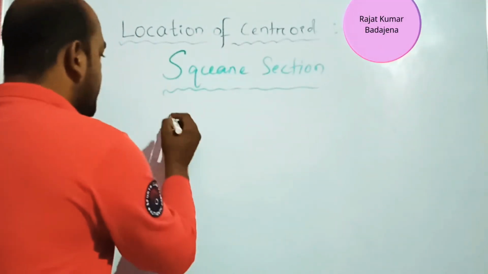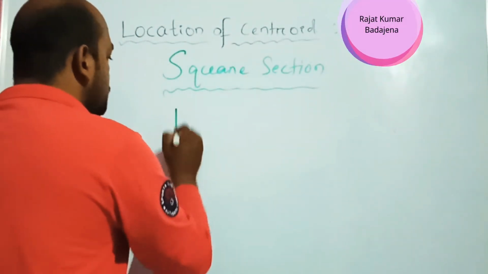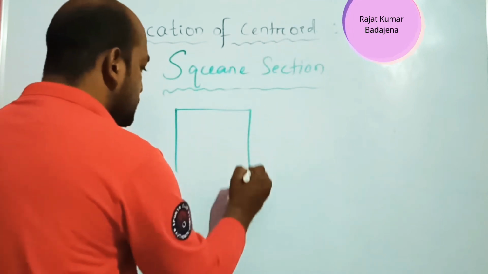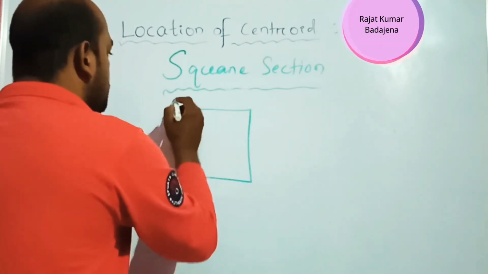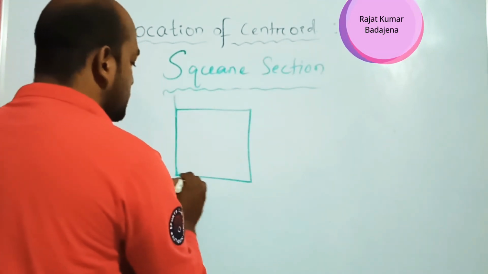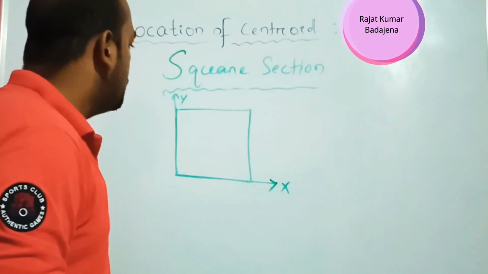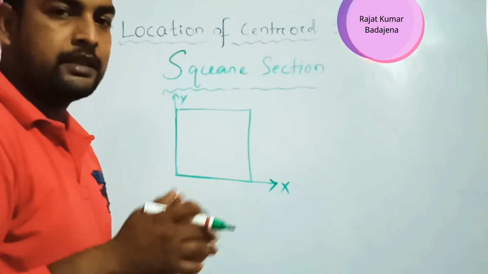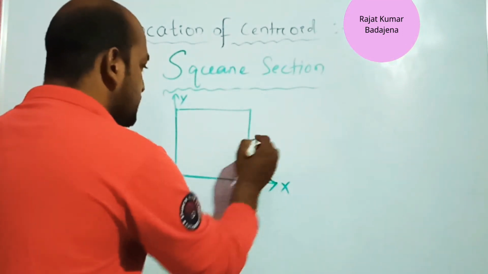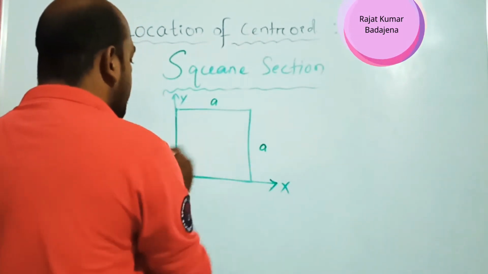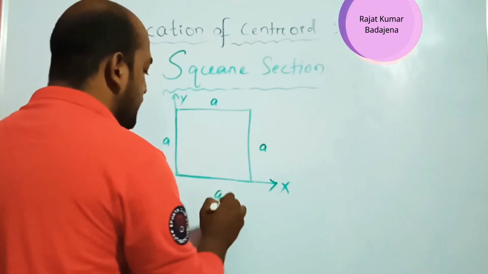So talking about the square section, what is the location of the centroid? So you can see here, this is the square section. Okay, so this is the x-axis, this is the y-axis. For a square we know that all sides are the same. So this side is a, this side also a, this side also a, this side also a.